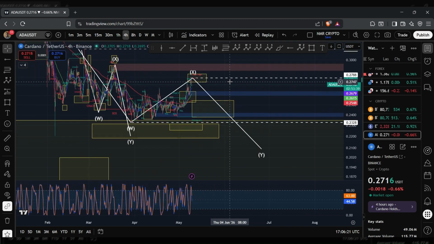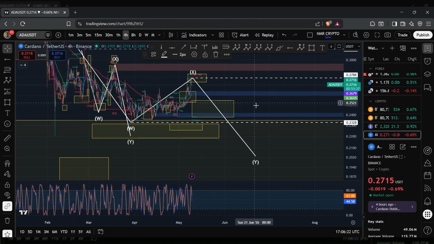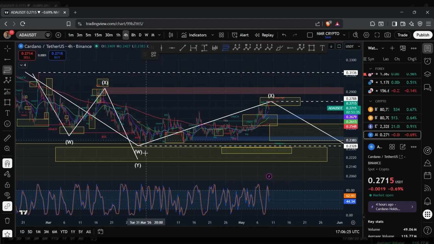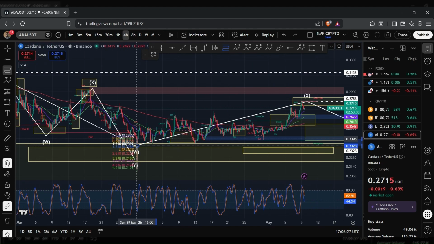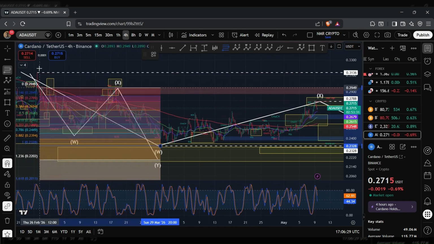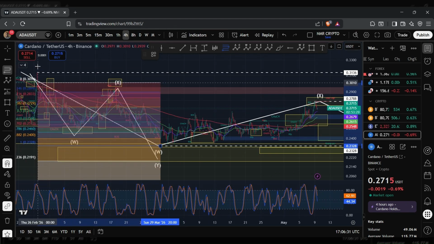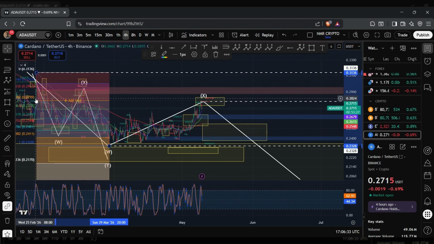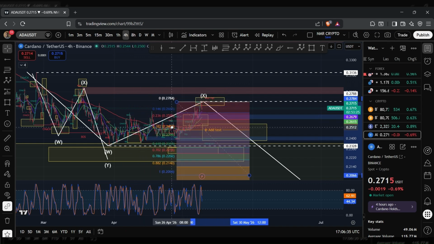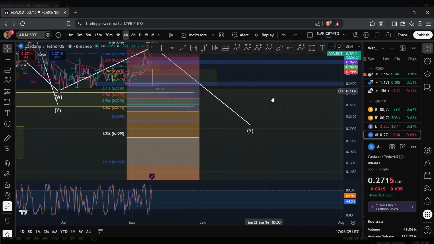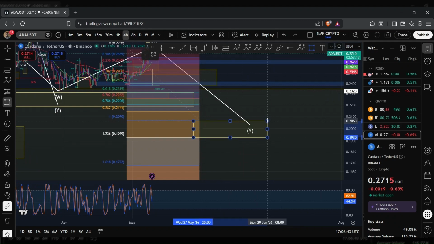And if that's the case, I'll set out this Y wave target, which would usually retrace anywhere between 1 to 1.226 of the double wave. So if I move the fib tool all the way down to 27.88 cents, what we can see is the price of ADA drop towards this range between 19 cents to 20 cents.